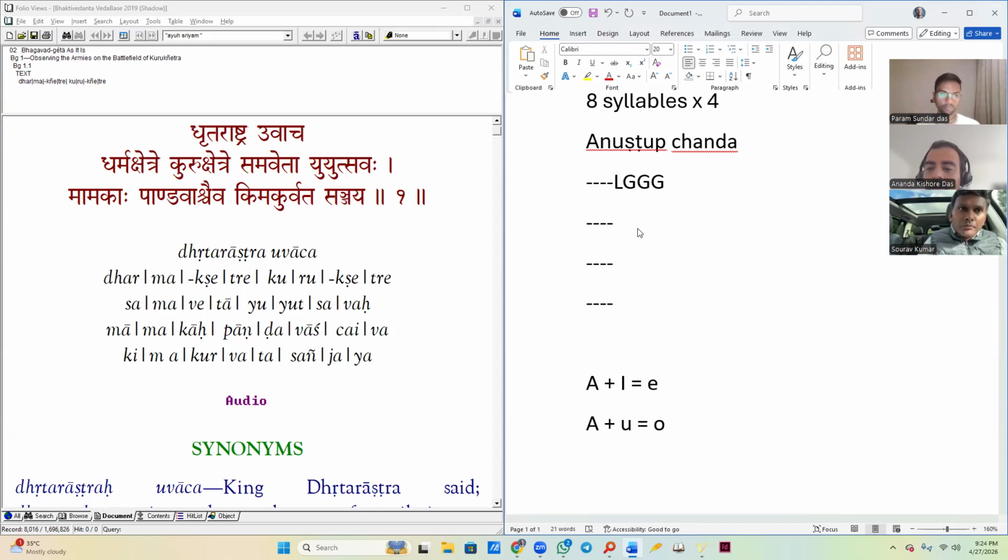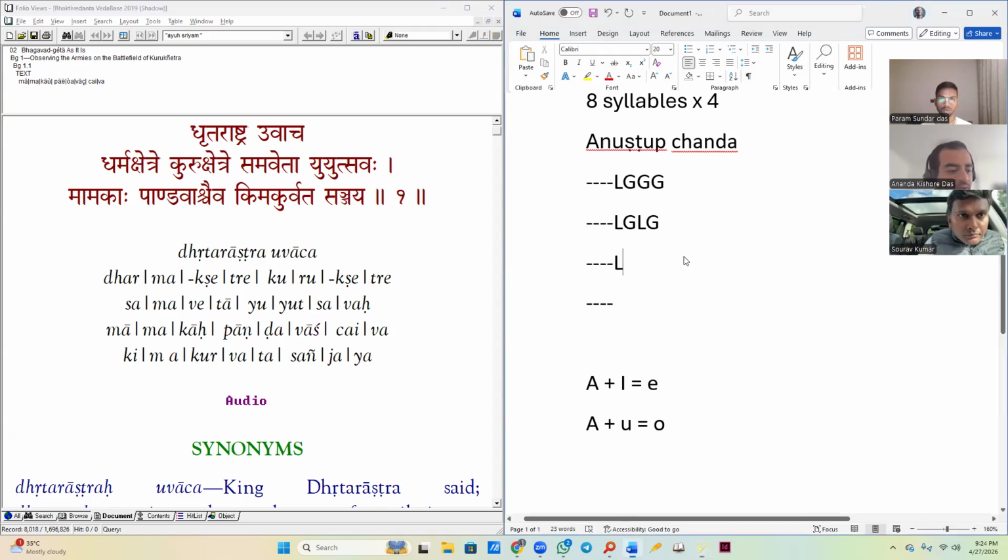Okay, the second line. So U is small. Yu is Guru. Not small, because we have a samyoga here, Yuddha. Then Sa is short and Va is long. Then Mama Ka, the fifth one is small.